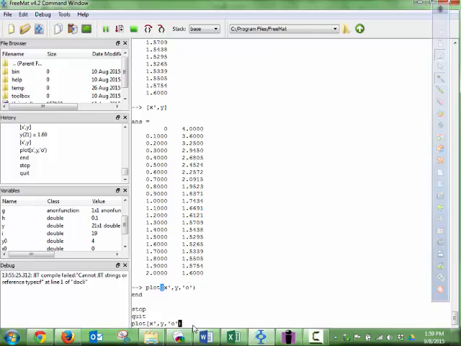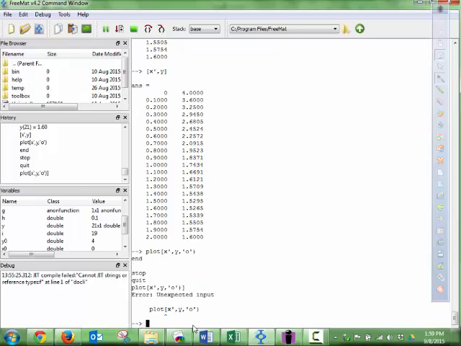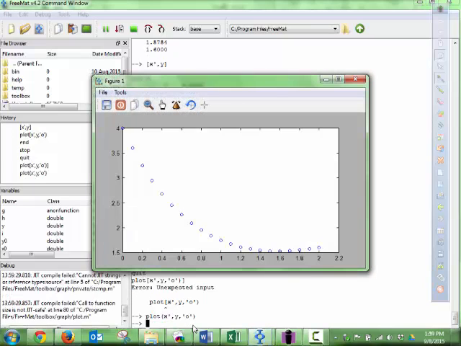What if I just close it up? Okay. All right, let's try that again. This time with brackets. So by the way, if you press up arrow, it'll give you the previous command, and if you keep pressing up arrow, it'll keep popping up the previous command. So here's your graph.